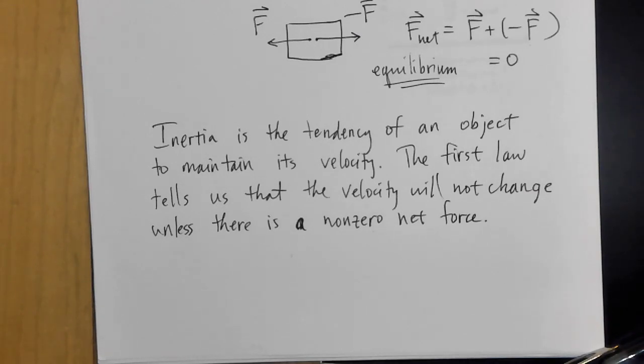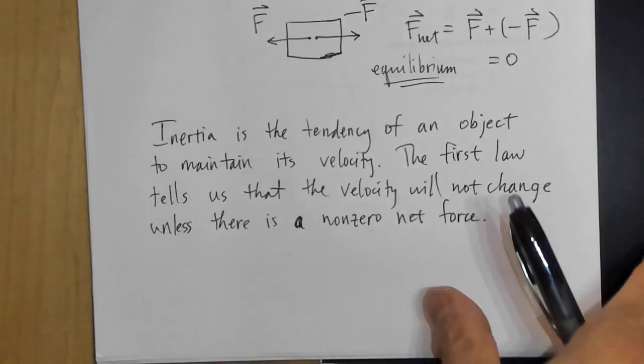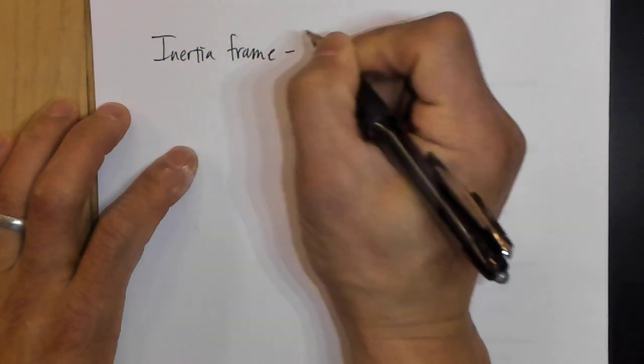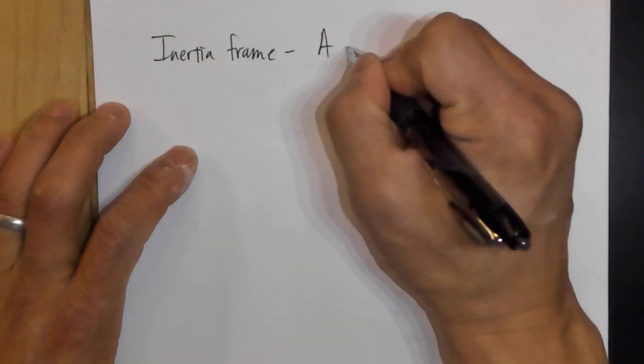Good. Now, the next thing I want to talk about, we're not going to do anything really with it, but I just wanted to mention the terminology because everything we're about to do is related to something called an inertial frame. So inertial frame, this is basically a reference frame.